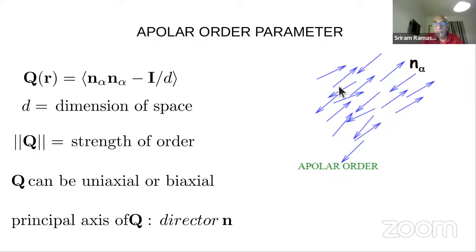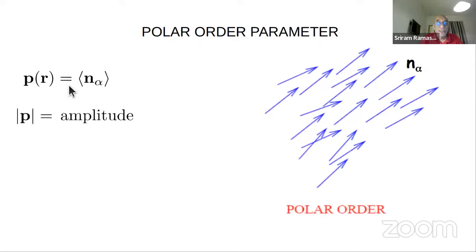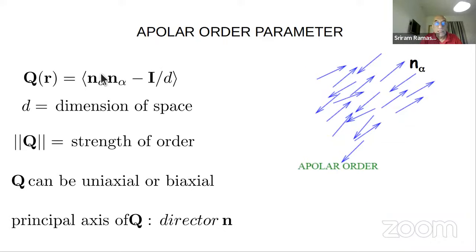Then clearly, this average will be zero if they're perfectly cancelling. But if you take a tensor whose components are the individual n_i n_j, that average won't be the same as one-third delta_ij.